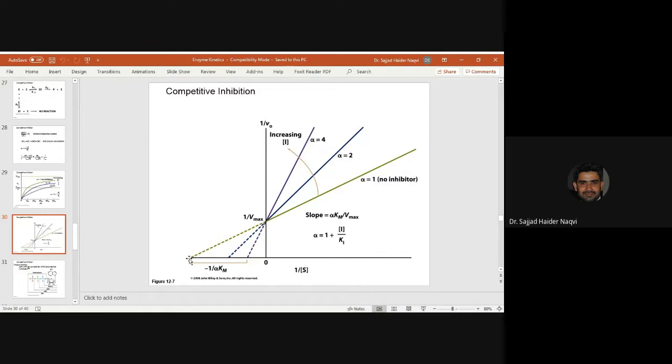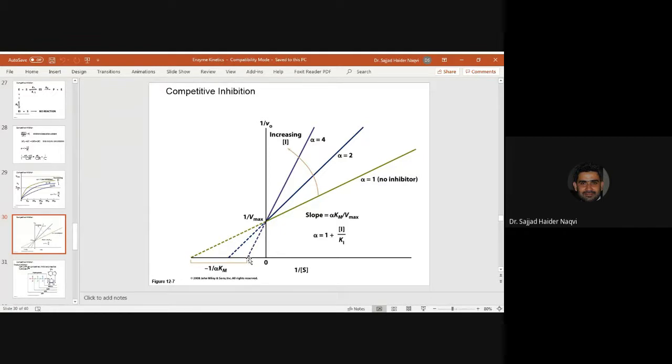You can see in the absence of the inhibitor, this was the Km value. In the presence of the inhibitor, alpha 2, that means a little amount, that was the Km. And in the case of this, it's actually increasing because it's a negative axis. So this is the least value, the Km is increased, and the Km is further increased here.